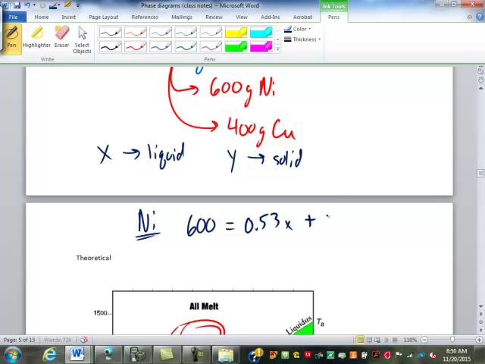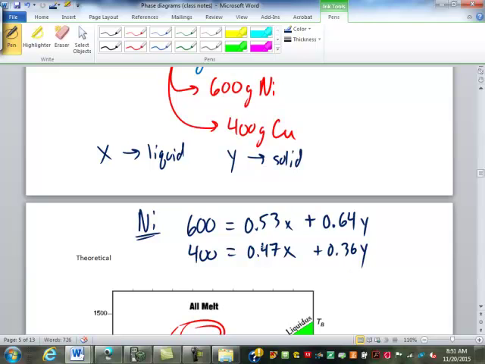Plus, we know it's 64% nickel in the solid. So 0.64 times Y. That's the amount of nickel in the solid substance. That has to add up to 600 grams of nickel. We know there's 400 grams of copper. We know that 0.47 or 47% of the liquid is copper, and 0.36 or 36% of the solid is copper.